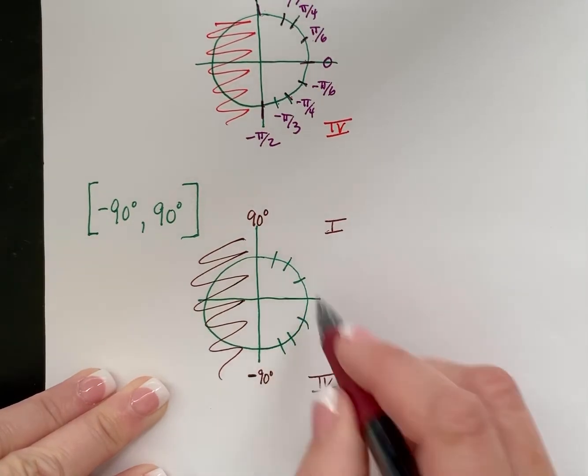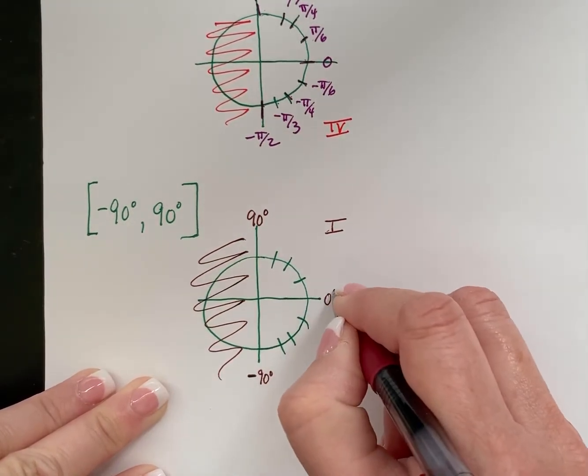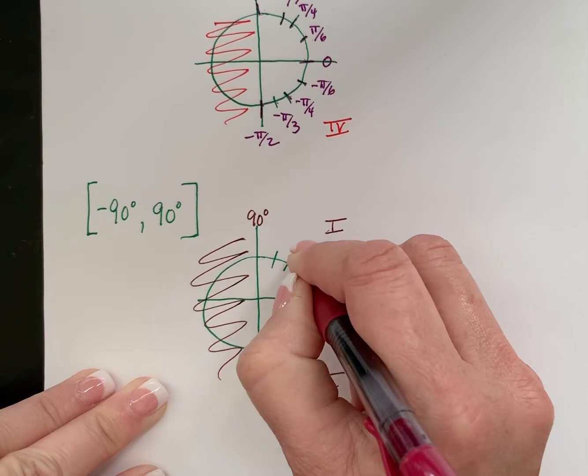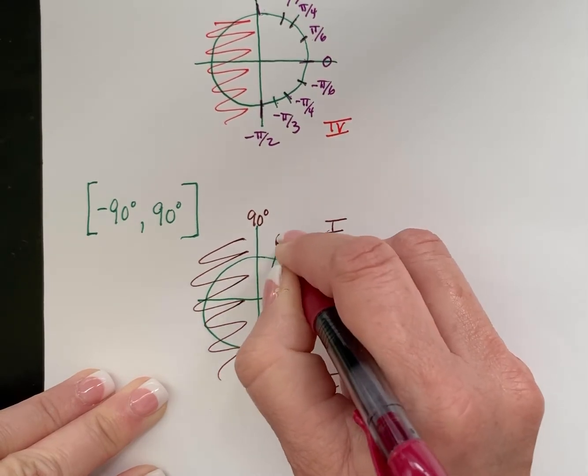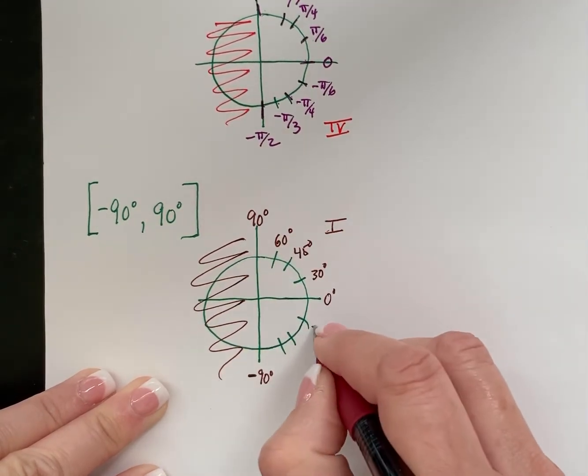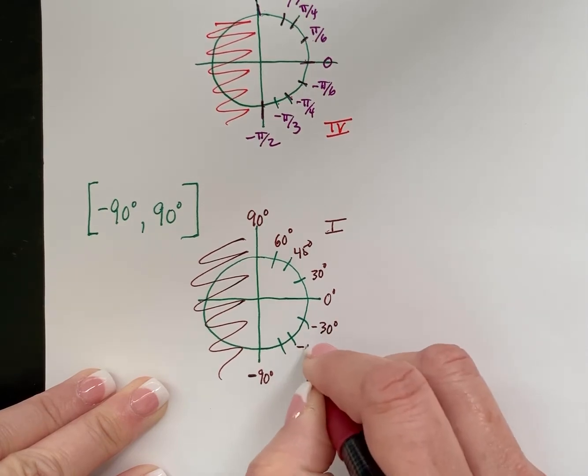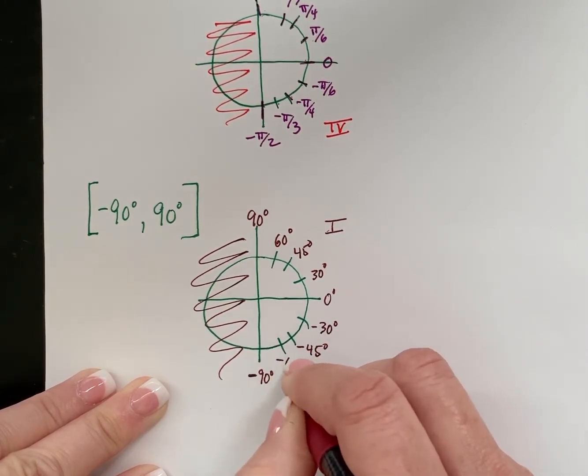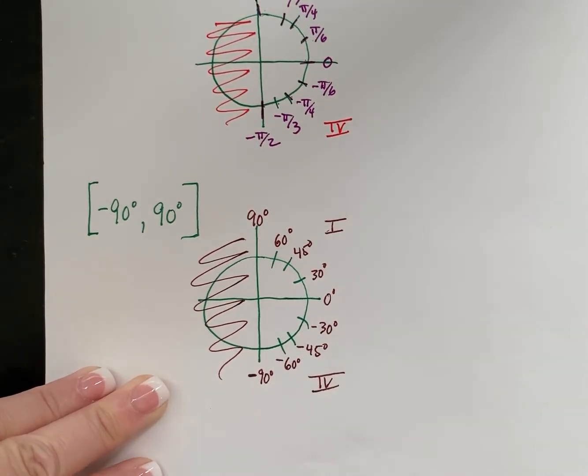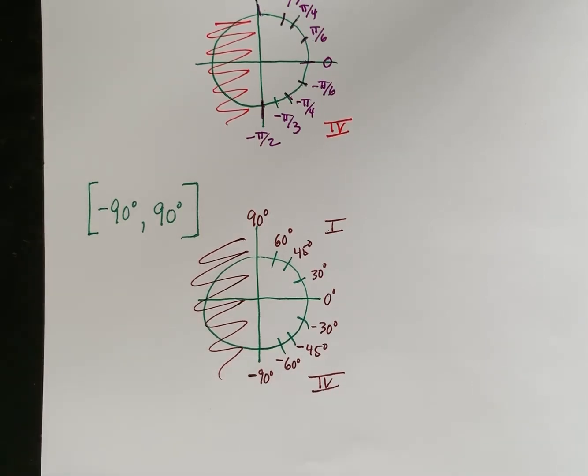And the other special angles would be 0 degrees, 30 degrees, 45 degrees, 60 degrees, or negative 30 degrees, negative 45 degrees, negative 60 degrees. So the answer choices are very limited for inverse sine with special angles and values.